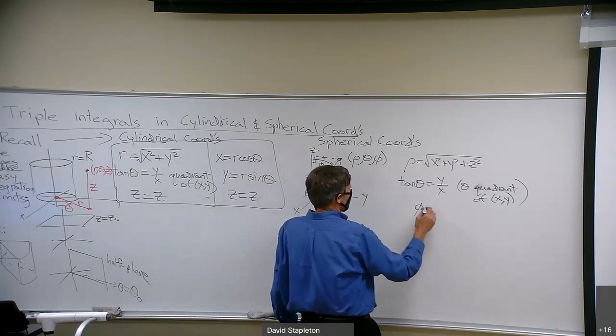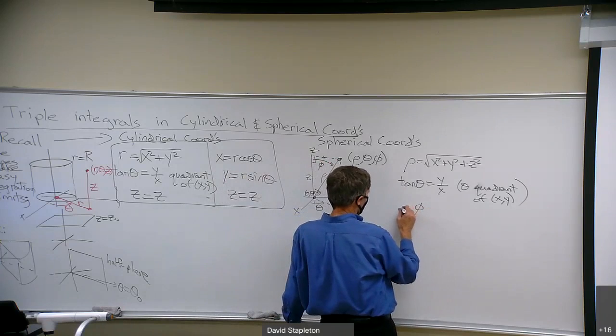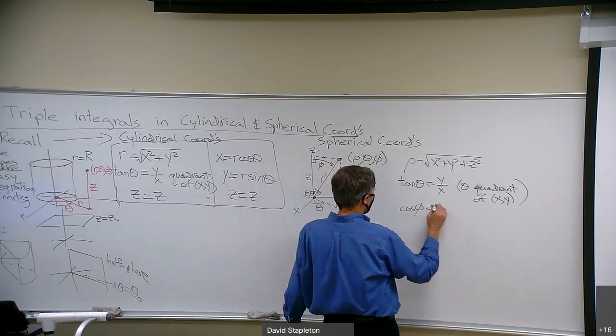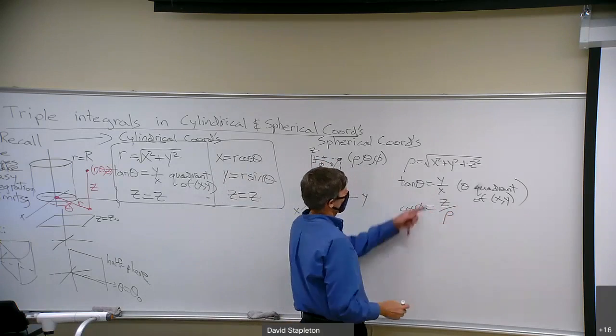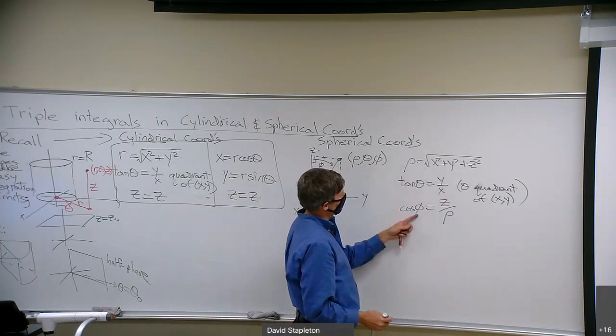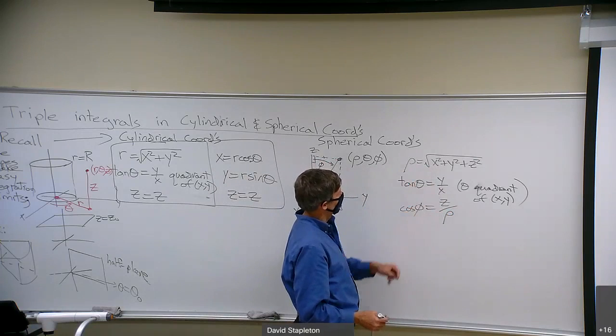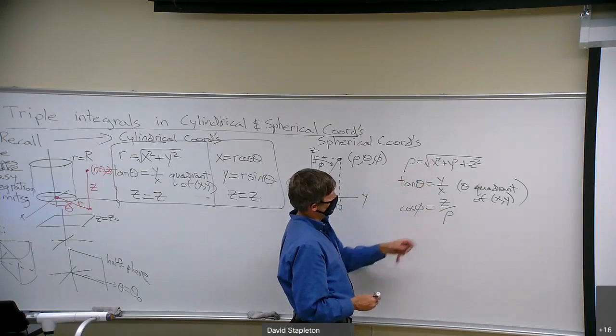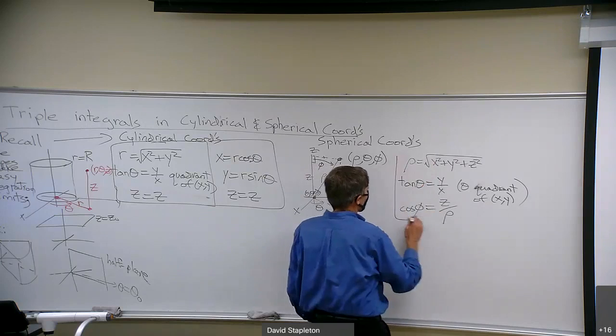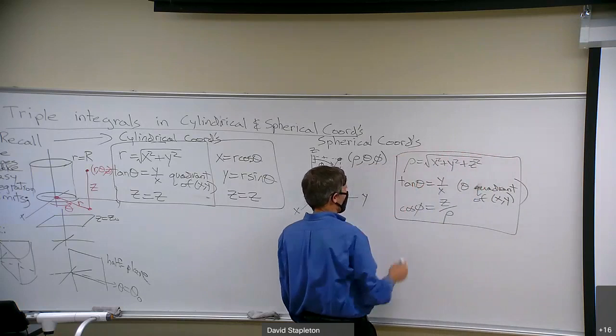So cosine phi equals z over rho is the way they often put this. That'll convert x, y, z coordinates to rho, theta, phi, where here you replace rho with the square root and just have all x, y, and z on this side if you want. So there's the conversion from x, y, z to spherical.